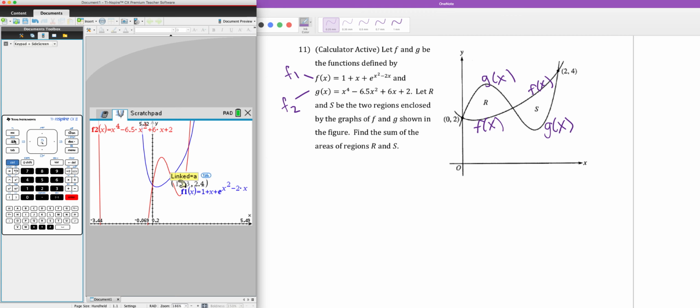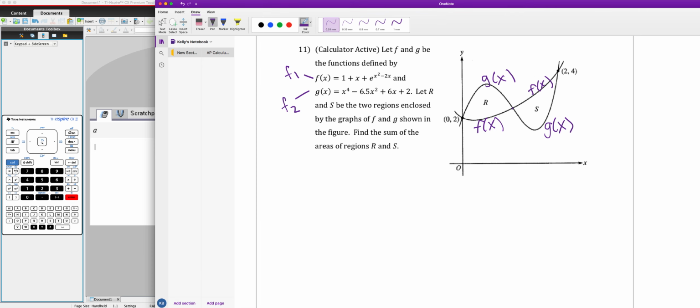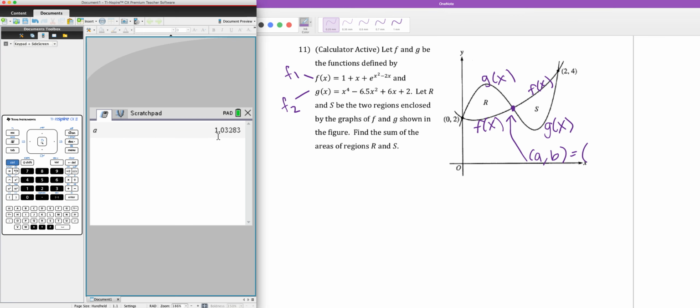If I use my little speedy calculator button and go back to a calculator screen and hit A, I should get that value that I have right there. On my paper, what I want to make sure to do is identify this coordinate pair so that I have it. So I'm going to click, bubble that in, and draw an arrow to this guy. And I'm going to say, I'm calling this (A, B), where A is the value I got, 1.0328.